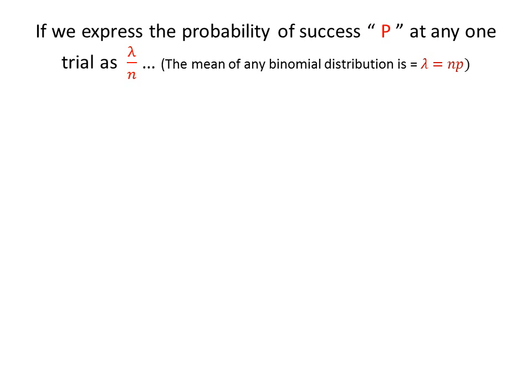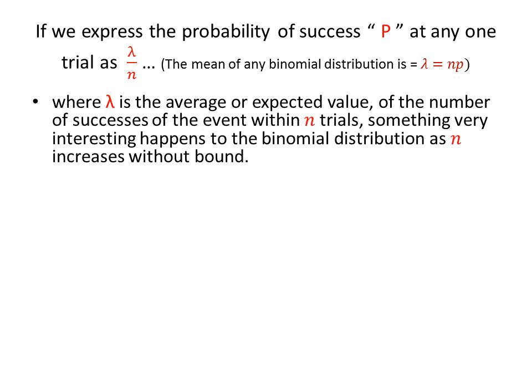Okay, the probability of success given by the variable p can also be expressed as lambda over n, where lambda represents the average or the expected value, the number of successes of the event within n number of trials. Now we're going to look at what happens to the binomial distribution formula that we just solved as n increases without bound.